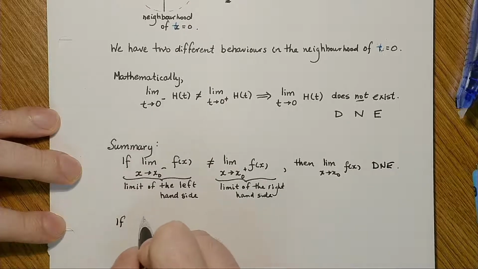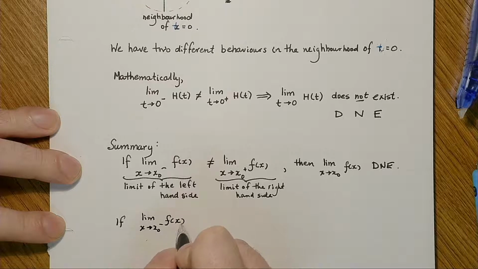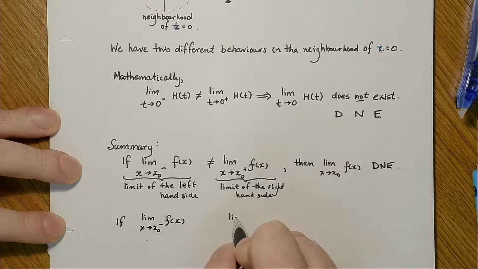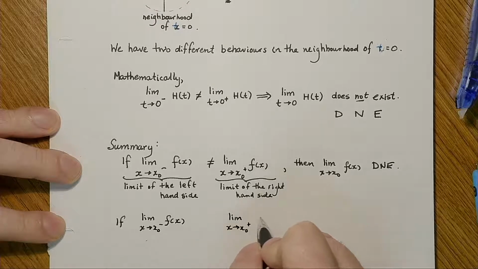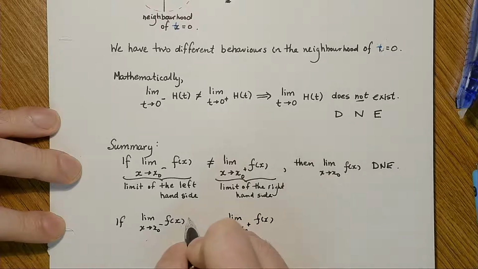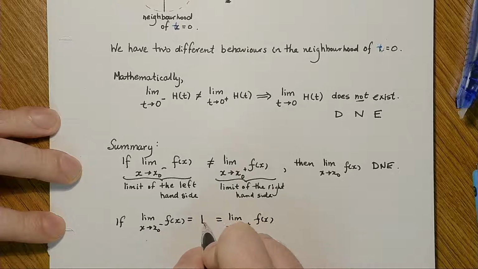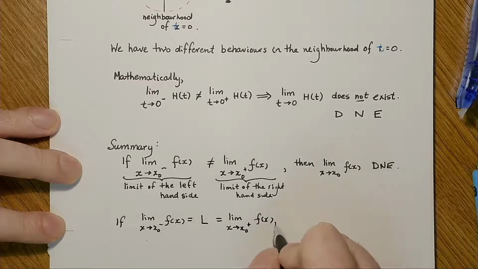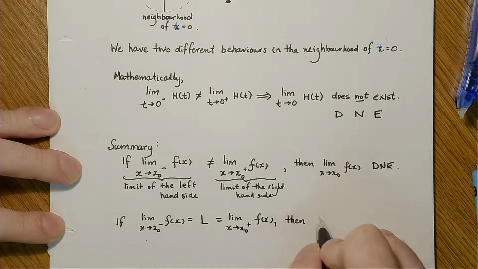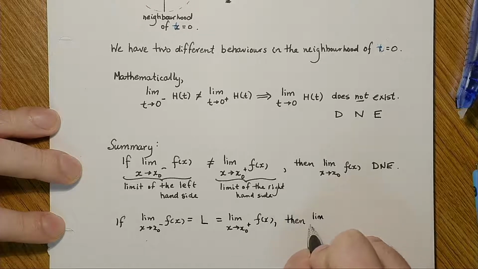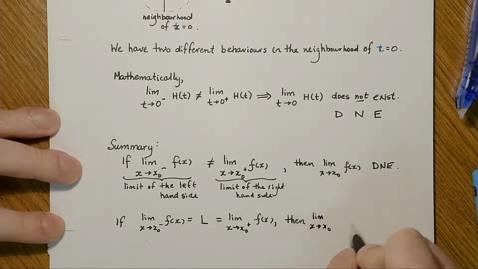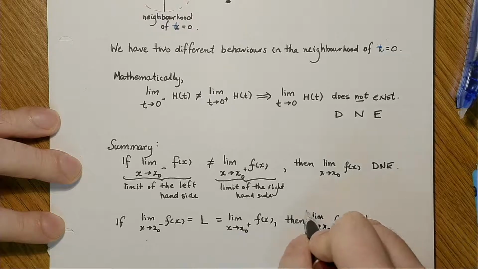And then, of course, if the limit on the left-hand side and the limit on the right-hand side equal the same number, let's say L, then the limit does exist. And that limit is actually equal to L.